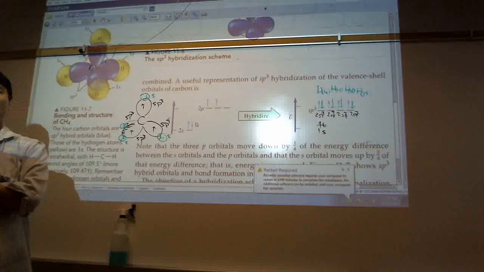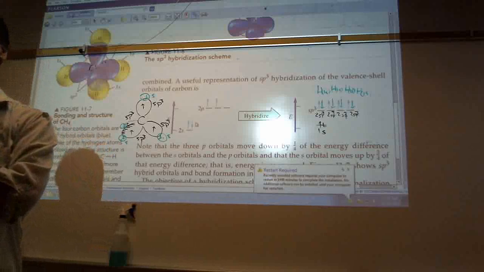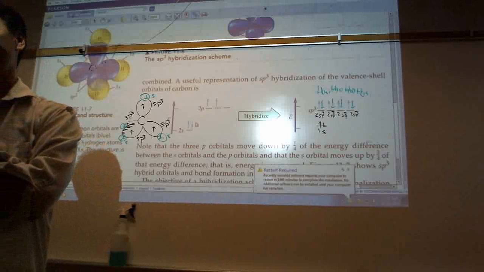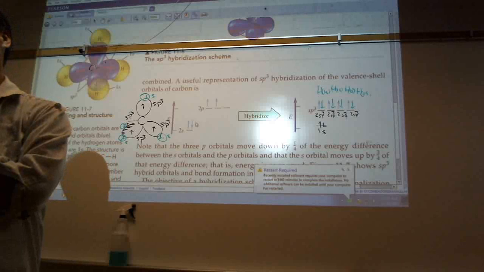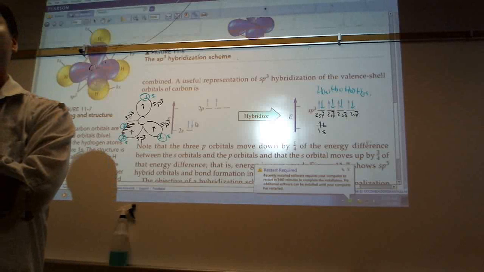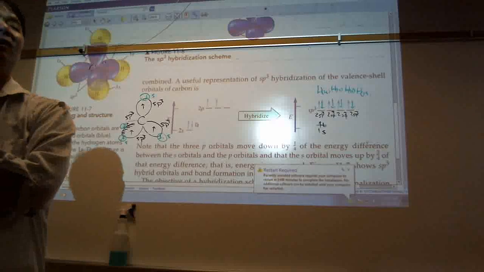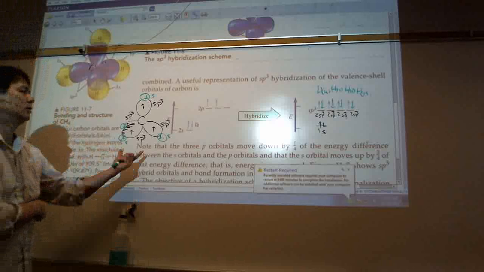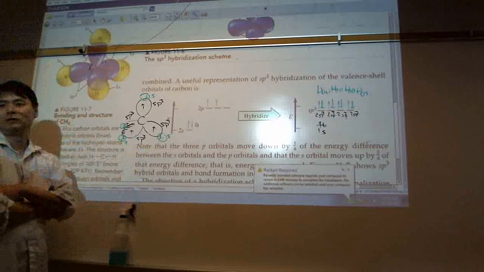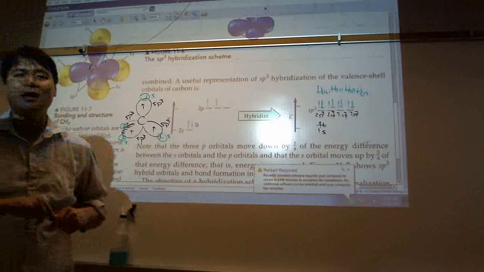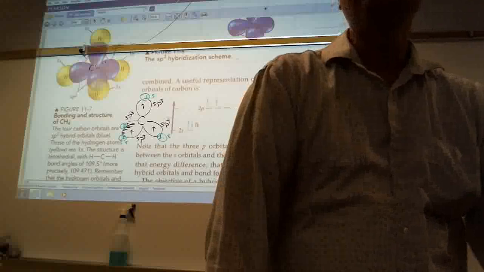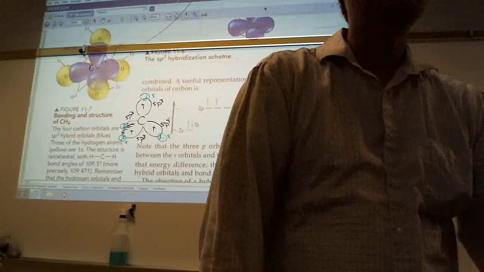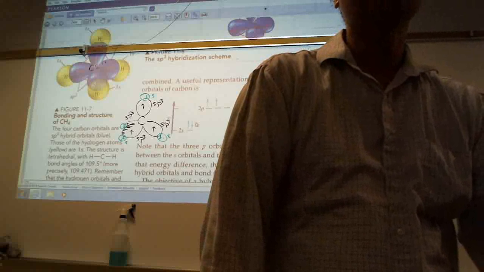Except now, in our orbital energy level diagram, we want to hybridize. And we're going to draw the, what did I call this drawing? The valence bond drawing for this. Do that, and then let me see it. What's it called again? Valence bond analysis, valence bond drawing, whatever you want to call it.